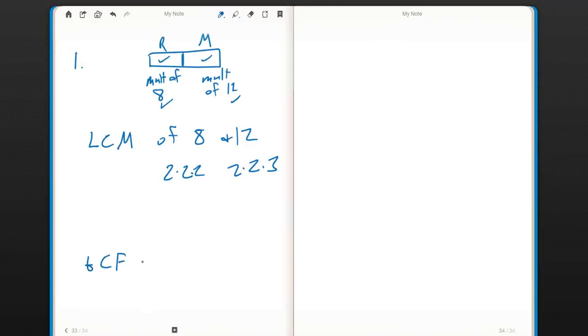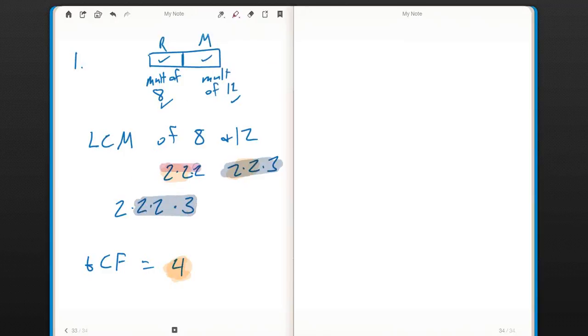The greatest common factor is 4 because they both have at least 2 2's. Okay, that's greatest common factor. That's how we get 4 for the greatest common factor. But the multiple is a number bigger than both. So the least common multiple has to have 3 2's in it. It also has to have a 3 in it. Notice that 2 times 2 times 3 is represented in here.